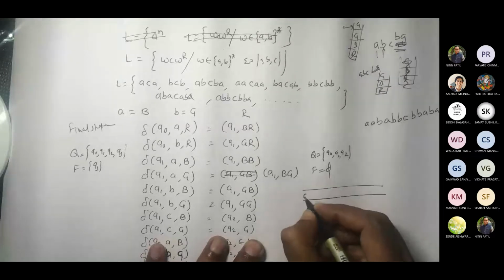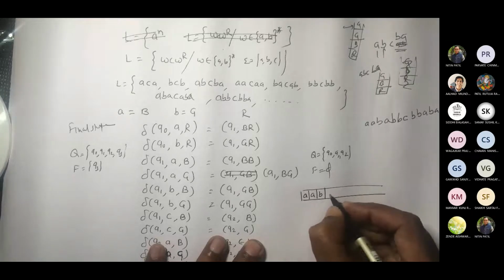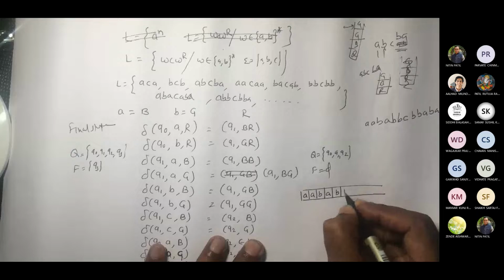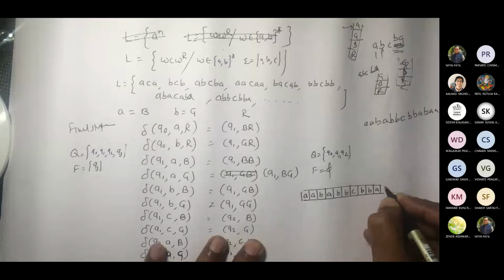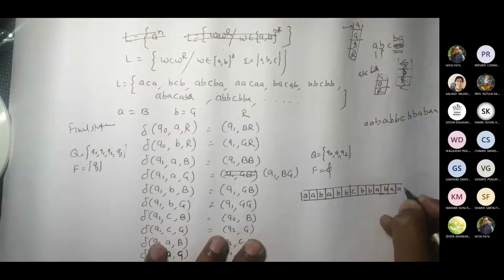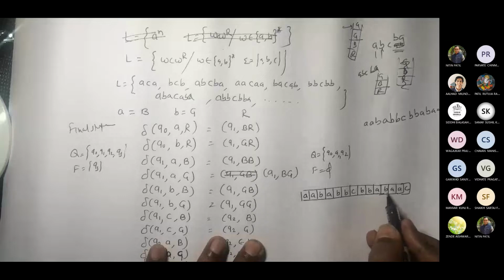So let me write that string. A B A B B C B B A B A. Correct. And this is her string. So 1 2 3 4 5 6, 1 2 3 4 5 6.